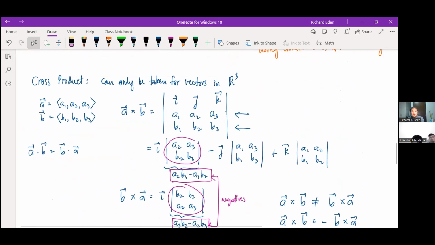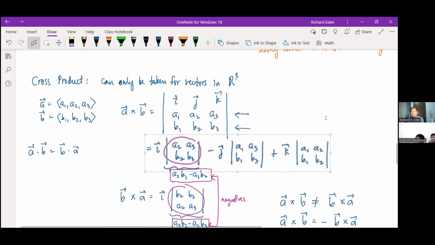The computation is similar to what I'm illustrating here: i, j, k above, and then the components of vector A in the second row. It's in terms of determinants, of minors. Yes, determinant minors.